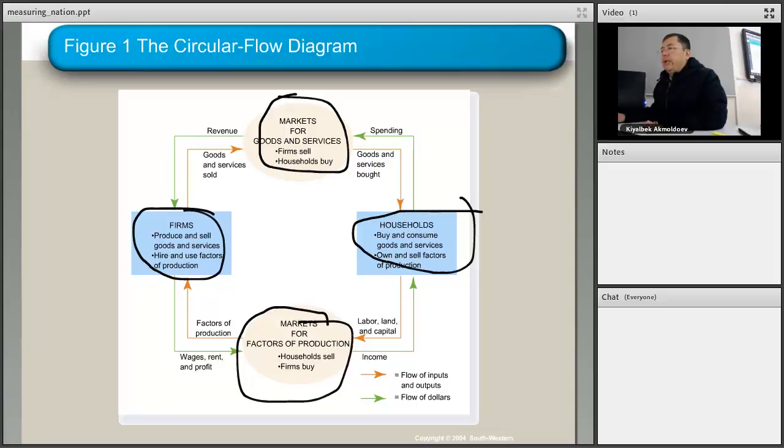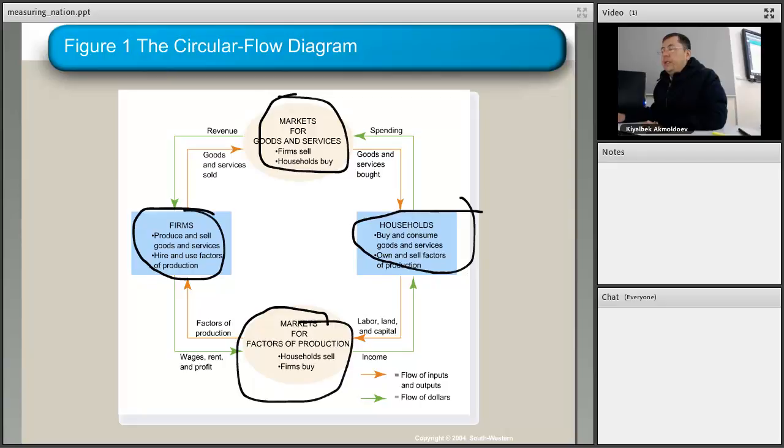On the other hand, to produce ice cream, firms need factors of production, like households or workers, land, capital, and labor. These are the factors of production. Households supply them, and firms give money to them. So this money again is income for households, and households spend.